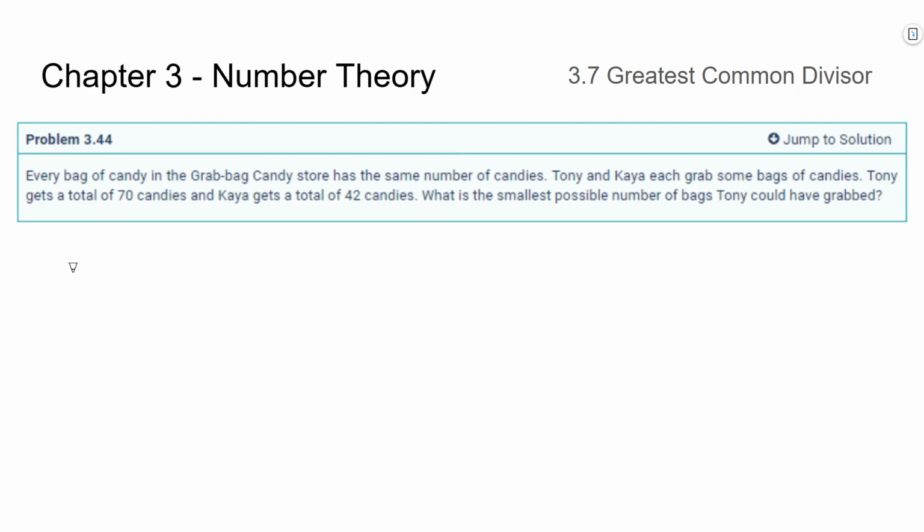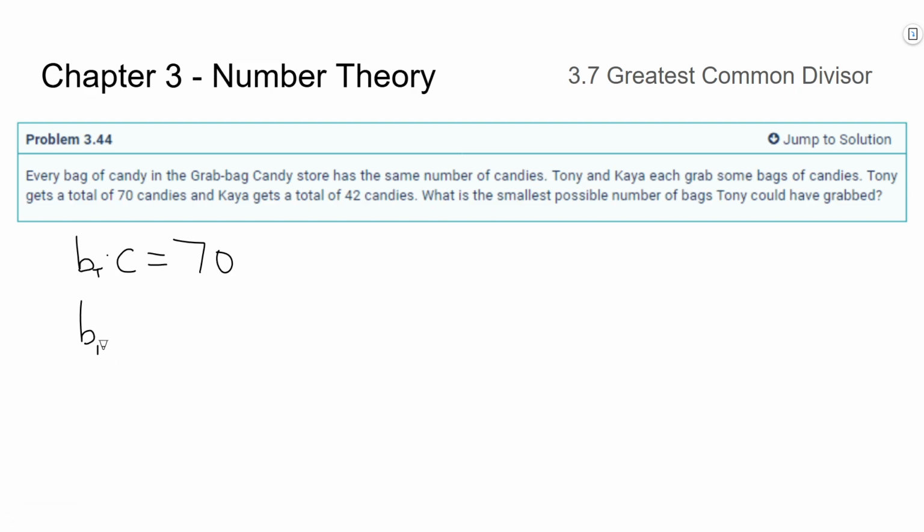So we have the number of bags, I'll say B, times the number of candies in each bag, I'll say that's C. For Tony, this is going to equal 70. So we'll do bags for Tony, and then bags for what's the other one's name?